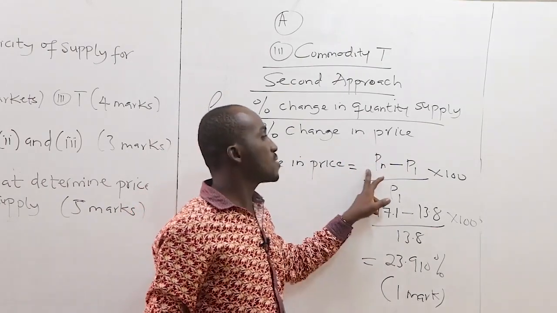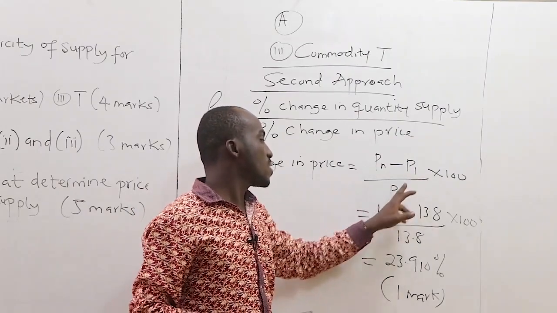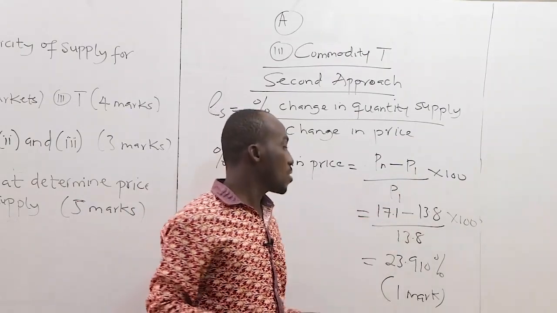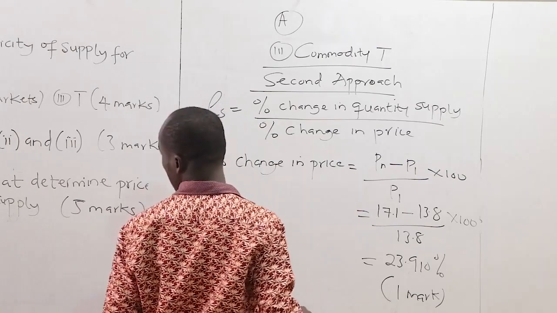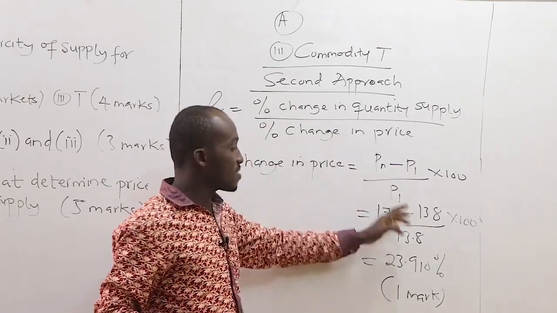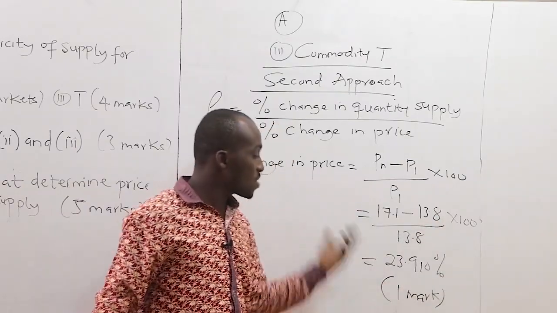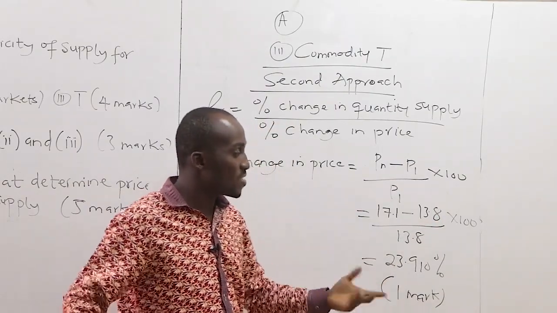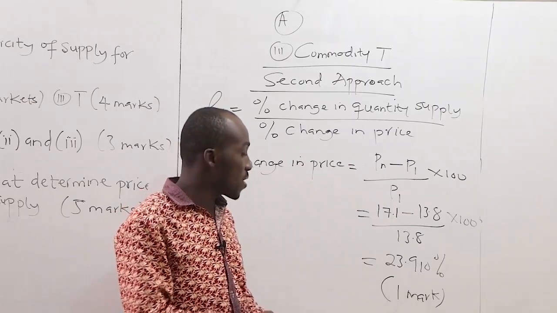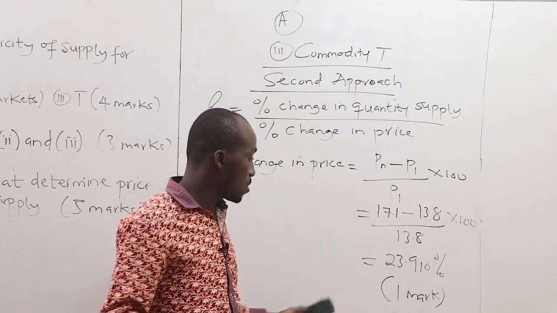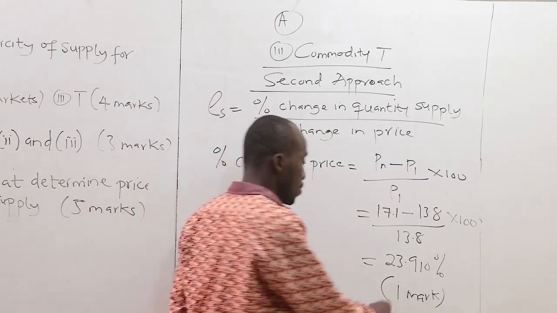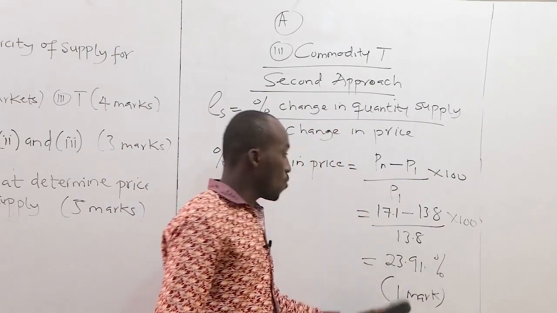It's the new price minus initial price divided by initial price times 100. What's the new price? 17.1. The old price, 13.8, divided by 13.8 times 100. And when you calculate, it's going to give you 23.90. 23.91 is okay, so you can take away the 0. That gives you 1 mark.